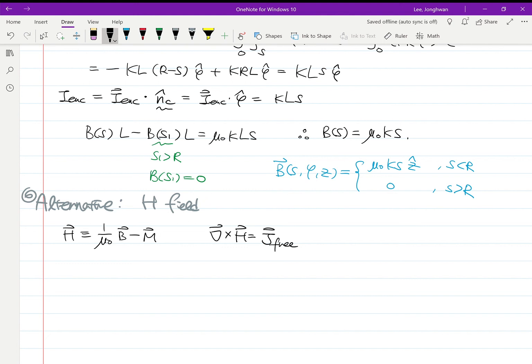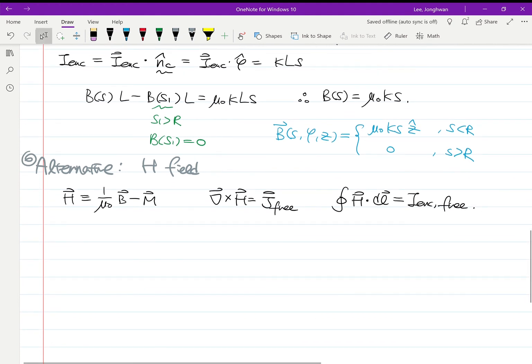You only need to focus on free current, and this will give you a modified or general Ampere's law, which is the enclosed free current. So you can apply the same method for Ampere's law. You can draw the Amperian loop, and so on. But here you only need to focus on free current. You don't need to worry about bound current, which will make your job much easier.